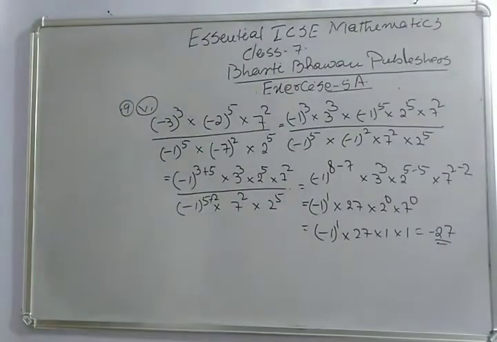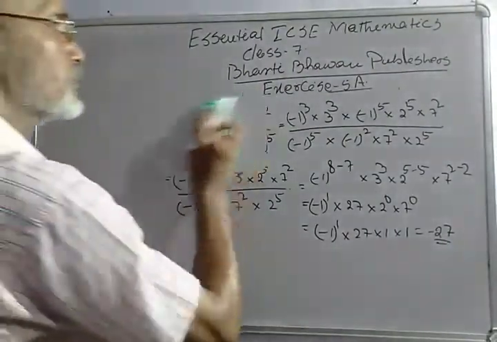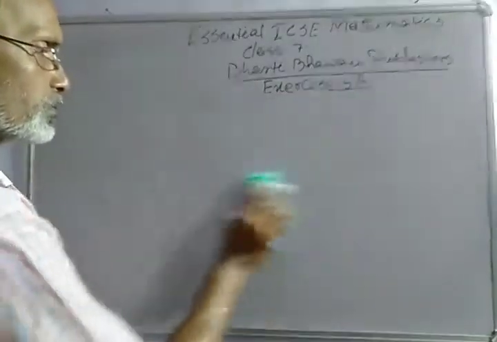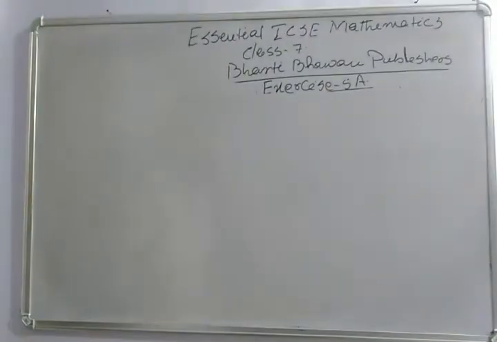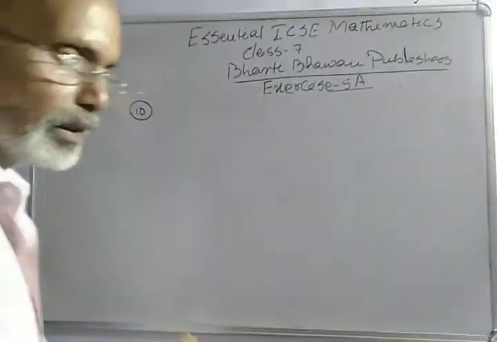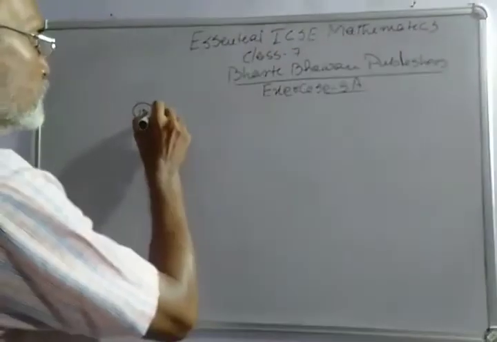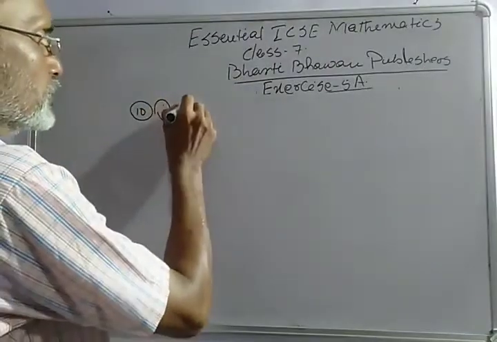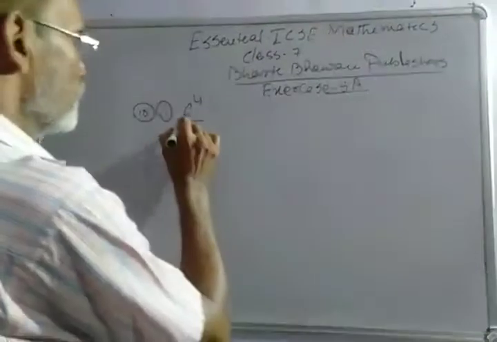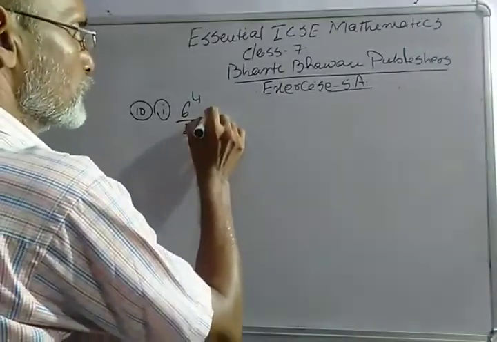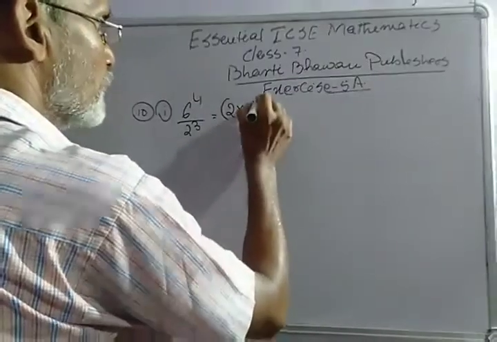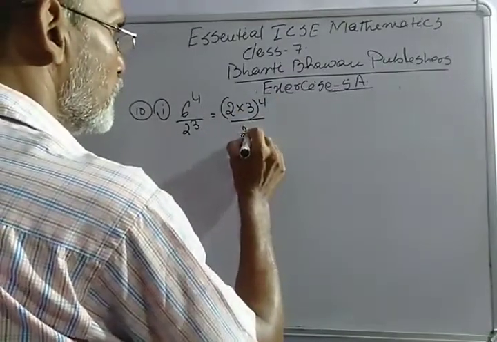Number 10, bit 1. This is equal to 6^4 by 2^3. So this is equal to (2 × 3)^4 by 2^3.